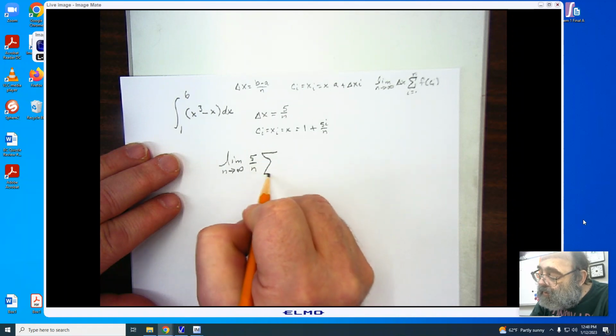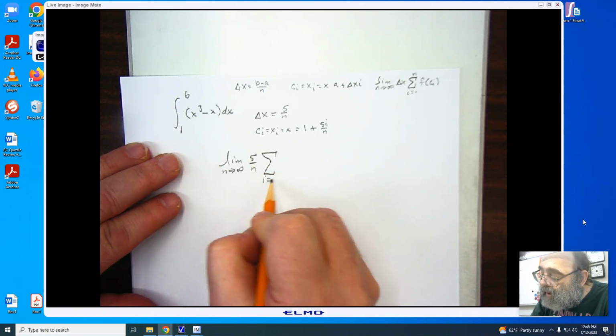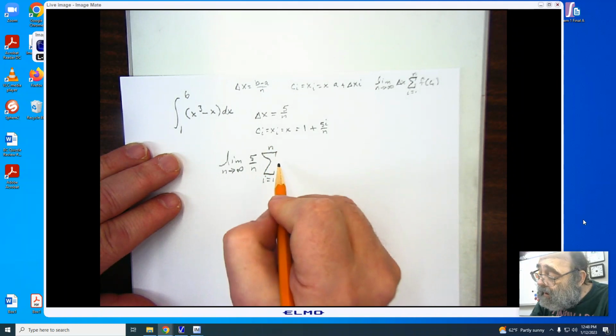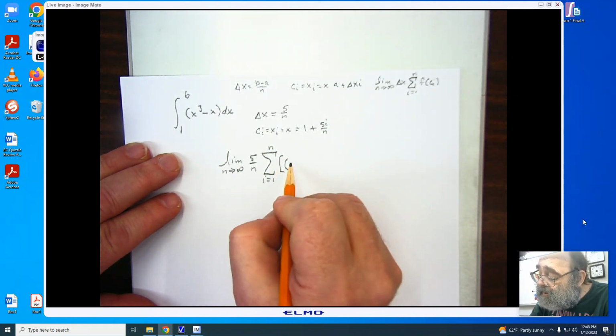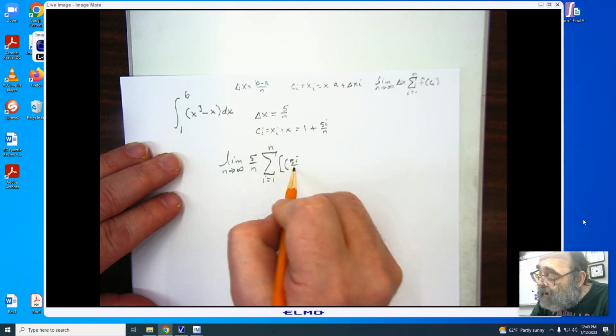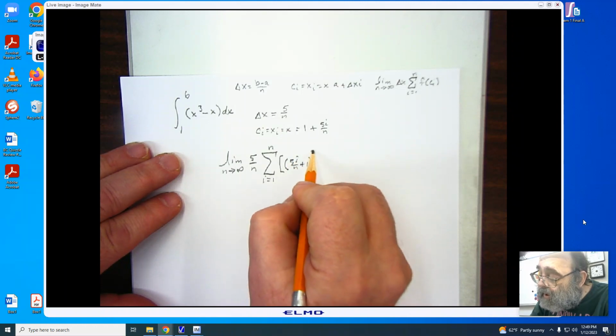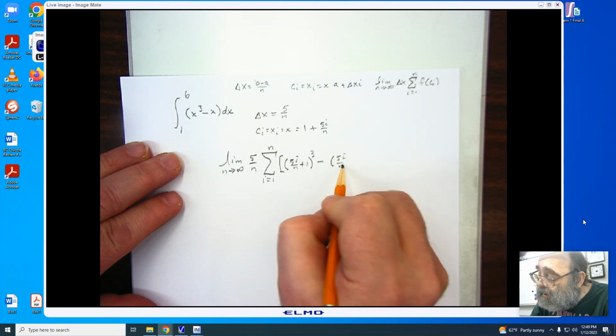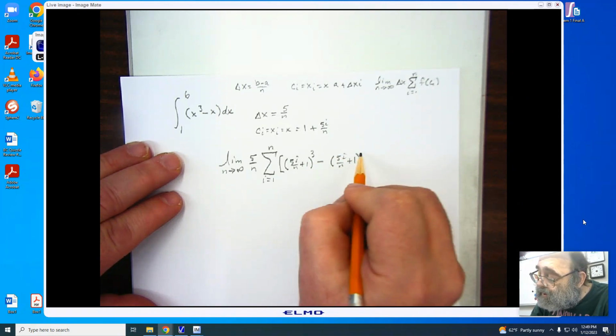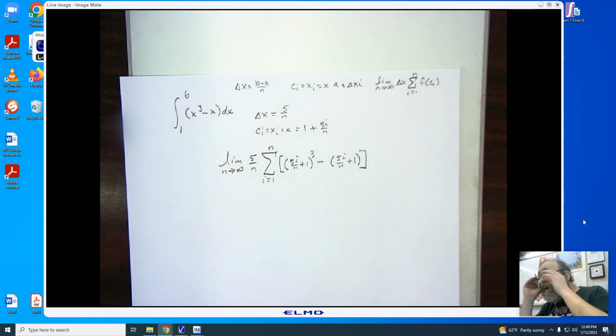We are putting into our summation, i equaling 1 to n. And we now have to put in our c sub i. So this is giving me 5i over n plus 1, the quantity cubed, minus 5i over n plus 1 to the first. Now you'll notice I've written it with the i first, followed by the constant. This is so that when we finish, we will have standard form.